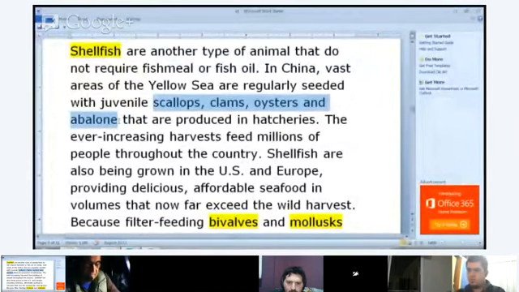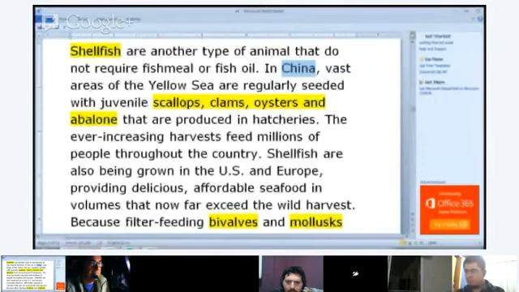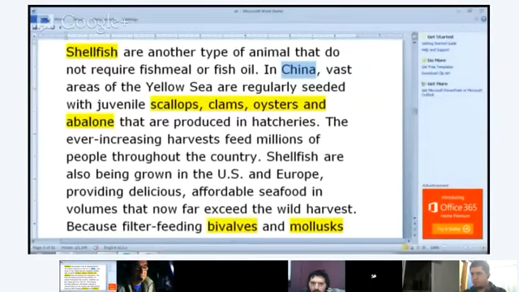So we had scallops, clams, oysters, and abalone. Okay, great. And please continue, Ismail. And this type of shellfish are farmed also in the US and Europe. Right. So China, US, Europe.